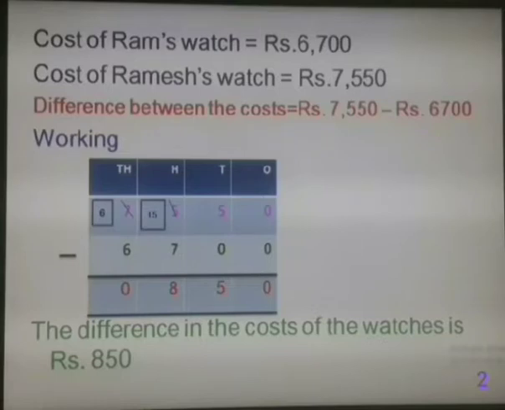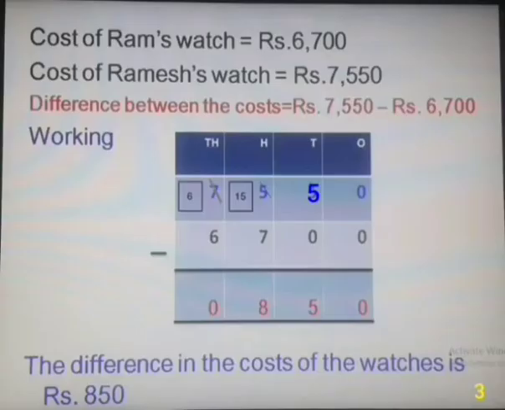The cost of Ram's watch is 6,700 and the cost of Ramesh's watch is 7,550. Now, in order to find out the difference, we will subtract 6,700 from 7,550. For that, children, first we will arrange these digits in their correct place value columns.